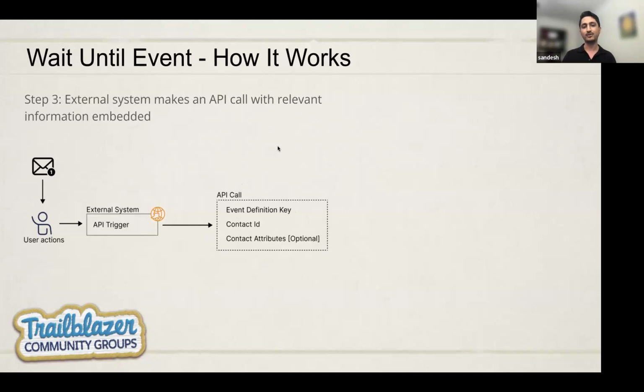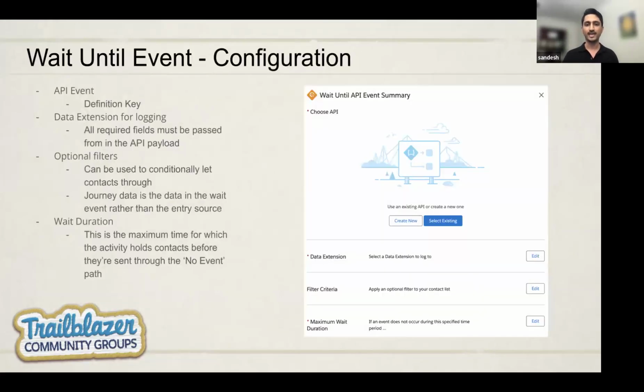Okay, and in that API call, the external system will include a couple of different parameters. The first one is the event definition key. This is the item that will uniquely identify your API event. Remember earlier, we had chosen an API to be part of this wait until event activity. And this exact API will have an event definition ID that uniquely identifies it.